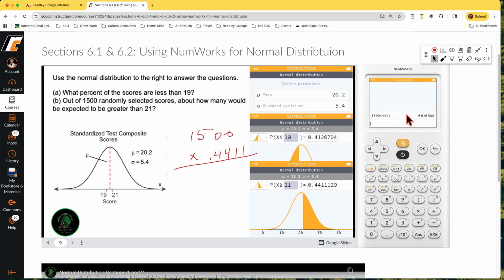And then we see that that's, what is that number? Oh, I didn't put in my decimal. It should be about 600. So let's try that again. 1,500 times 0.4411, about 681, and maybe round up because it's probably people, or randomly selected. It's a score, so you either have 681 or you have 682. Let's round it up to 682.